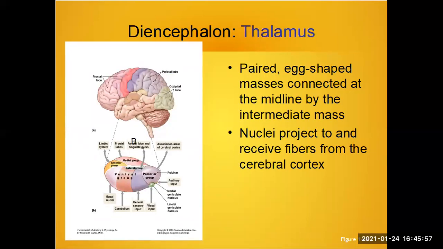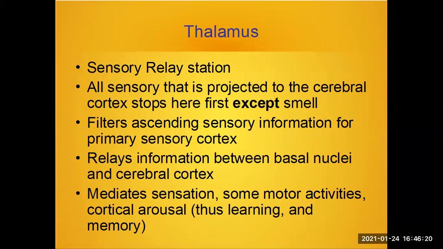Thalamus. Paired egg-shaped masses connect at the midline by the intermediate mass. Nuclei project to and receive fibers from the cerebral cortex. Thalamus: sensory relay station.